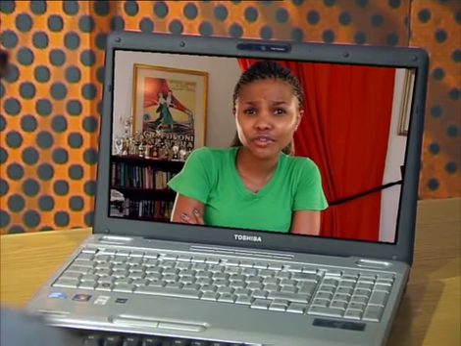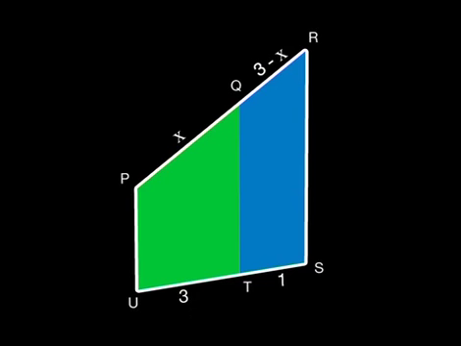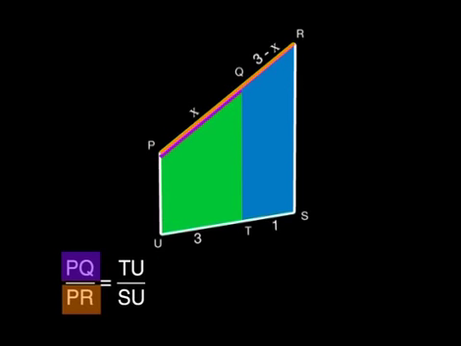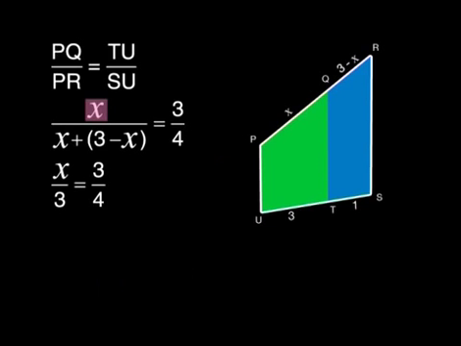I'm a little confused. Here is one possible statement that will help us. PQ divided by PR is equal to TU divided by SU. Put in all the values you know for these lengths and see if you can calculate x. I see. PQ is x and PR is x plus 3 minus x.